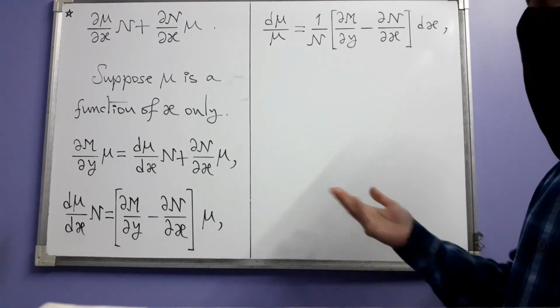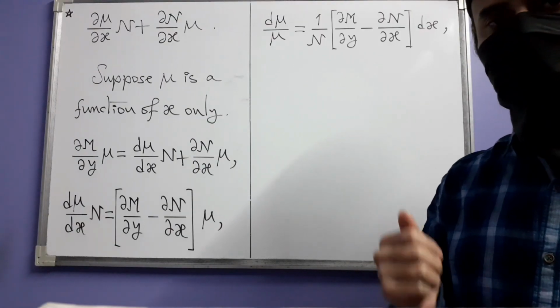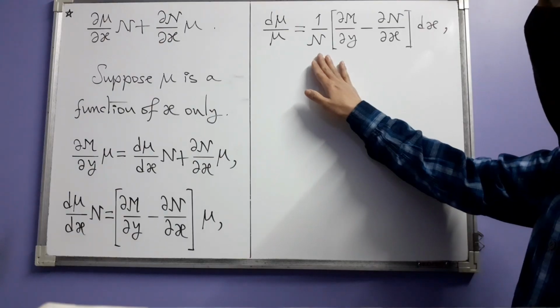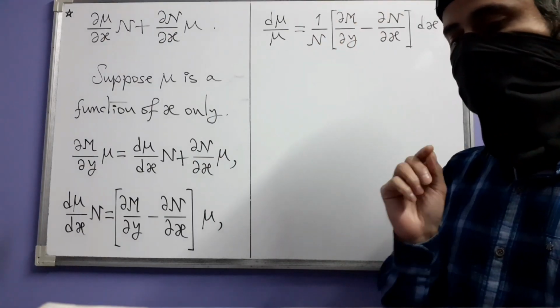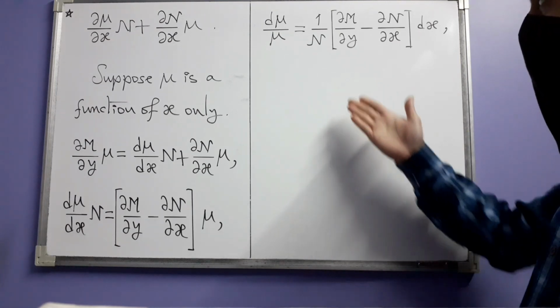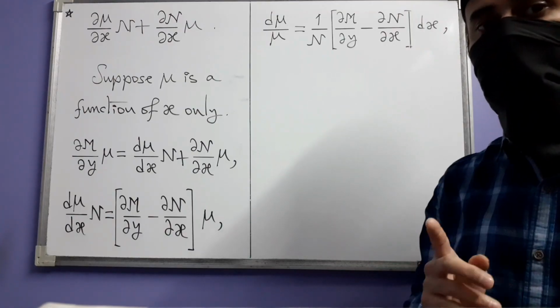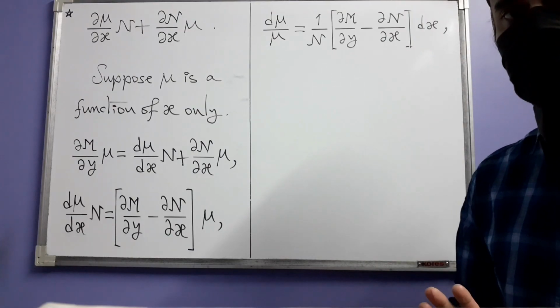Now can we integrate this equation to find mu? Well, if you want you can integrate the left hand side, that will give you ln of mu, natural logarithm. But for the right hand side to be successfully integrable, in the sense that you can carry out the integration, this thing must be a function of x only. In that case you can do it.